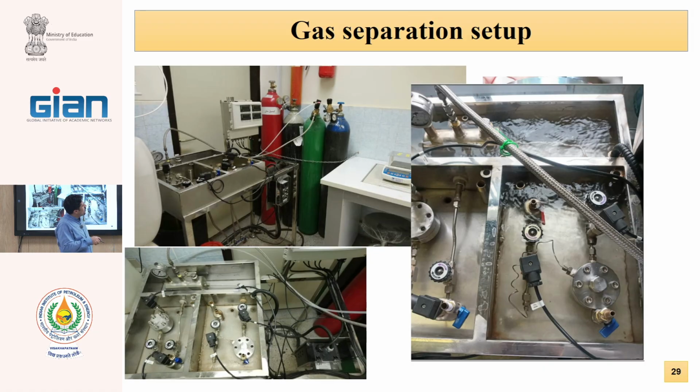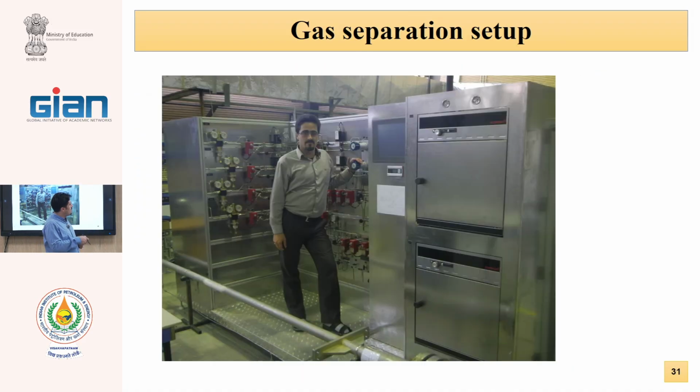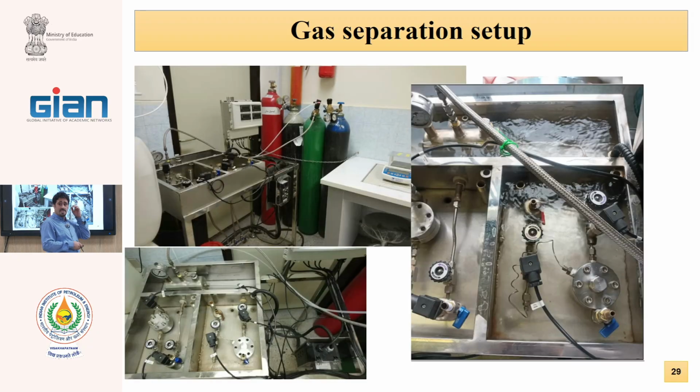We immerse all of the system in water and control the temperature of the water. Or we can locate all of the systems in an oven, such as this. In this setup, we have an oven, and all of these systems are located in this oven, because temperature is very important. With a change of 1 degree centigrade, the permeability will change.